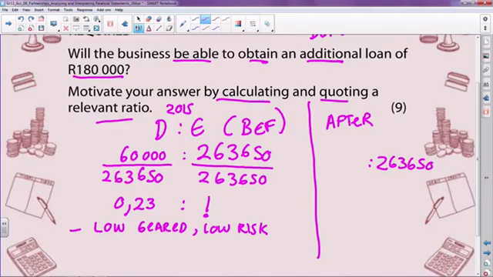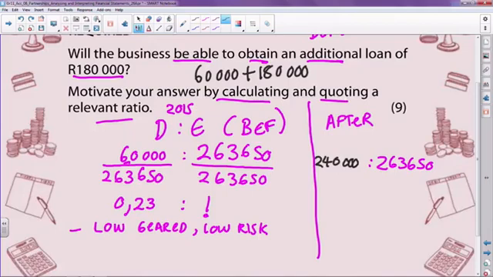However, your debt will increase because you're borrowing capital. If you borrow an additional 180,000, your debt was 60,000 plus 180,000, so your total debt now becomes 240,000. Okay, with me.